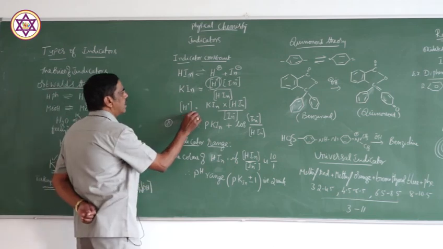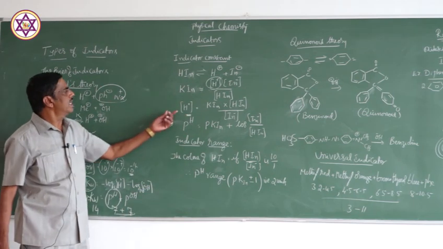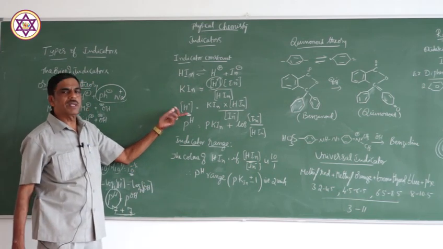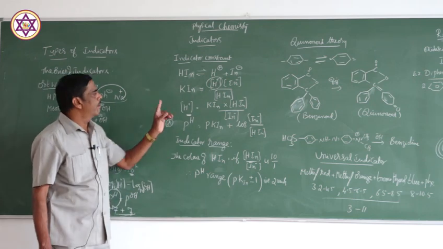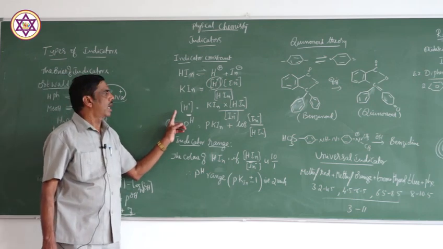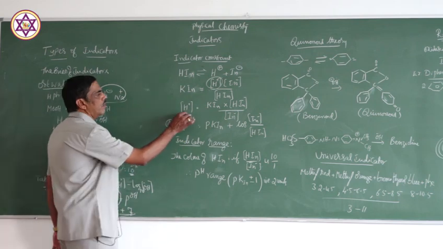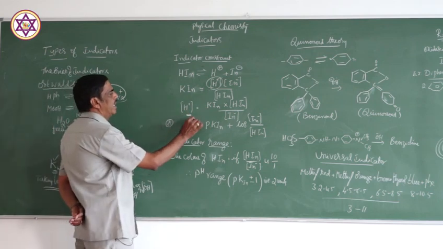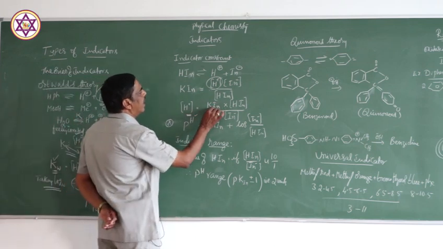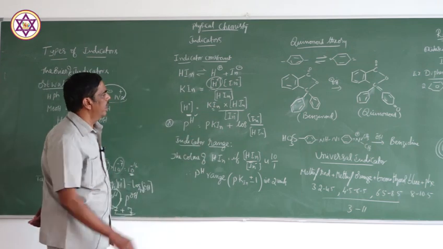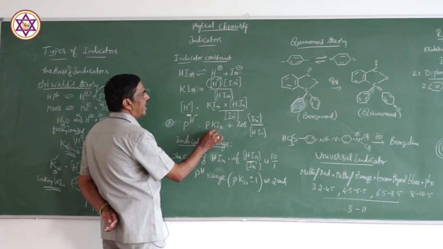So, this H plus concentration, as you know, the negative logarithm of H plus ion gives you the pH. Therefore, take minus log to the base 10 on both sides. Minus logarithm of H plus to the base 10 is nothing but the pH, and minus logarithm of Kin to the base 10 is nothing but pKin.